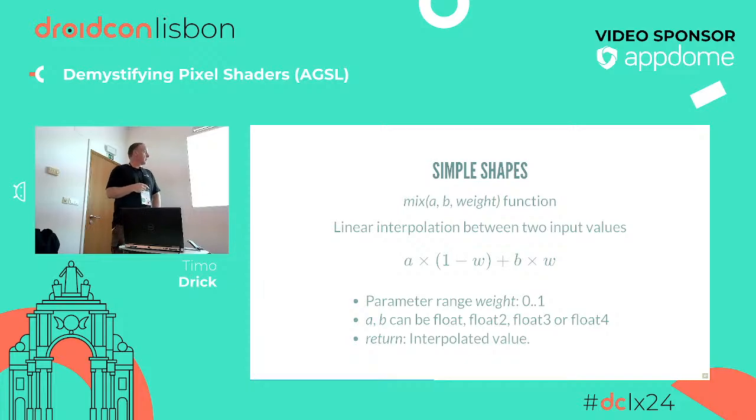Depending on the value you put in at this weight, it will completely use the component from A or B. And when it's between, for example 0.5, then it will mix exactly 50% of both parts, the color.